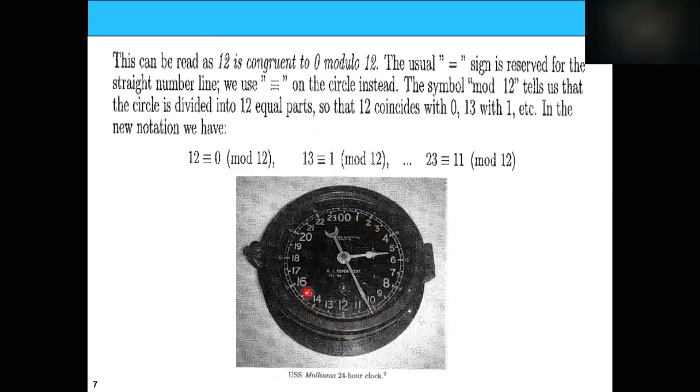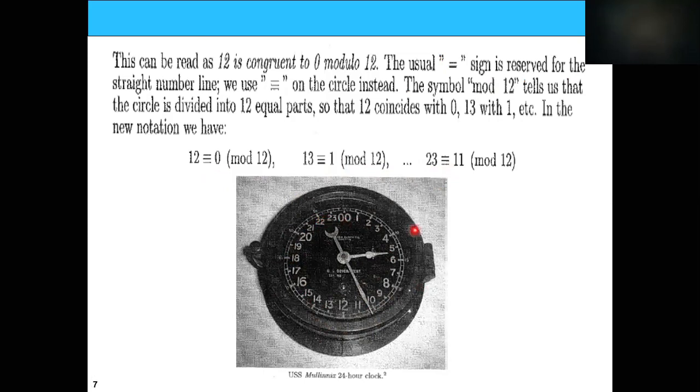This clock basically tells you about the whole 24 hours. In that case, 12 is congruent to 0, 13 is congruent to 1, and 23 is congruent to 11. If you divide 23 by 12, the remainder will be 11.